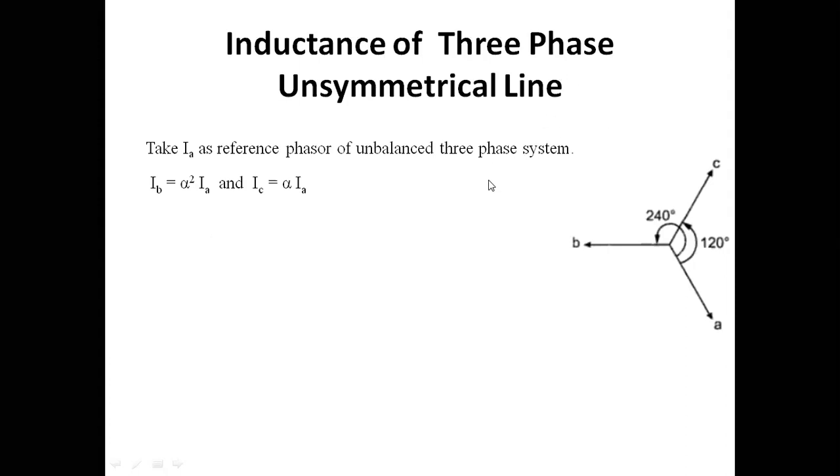Now this alpha can be written as minus 0.5 plus j 0.866.